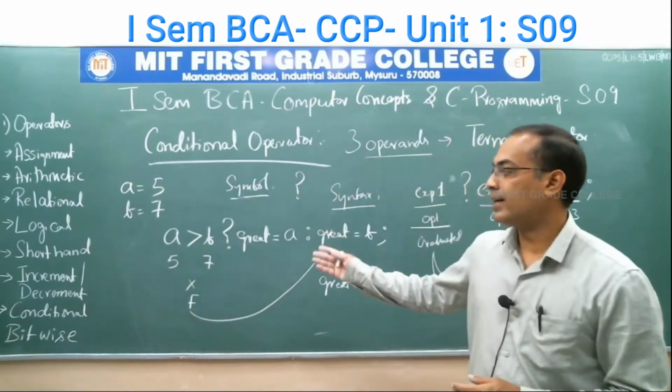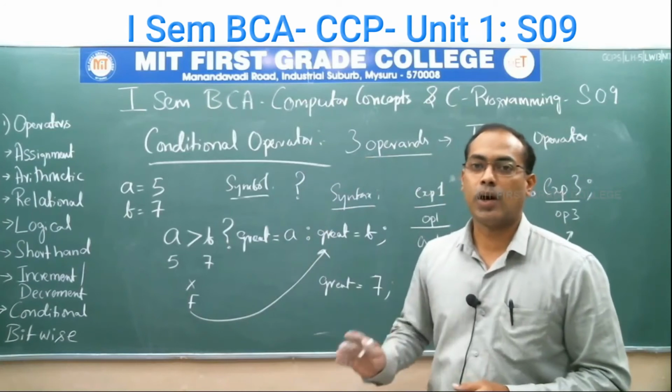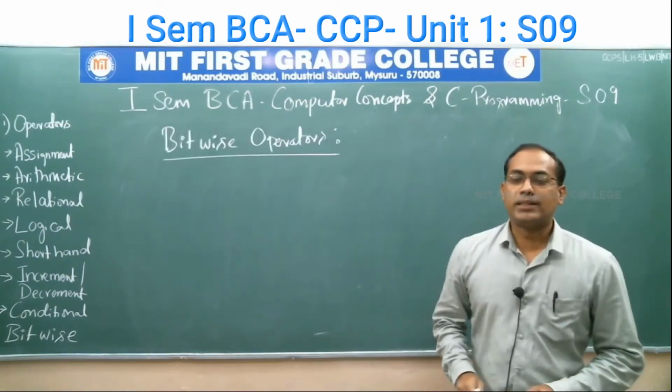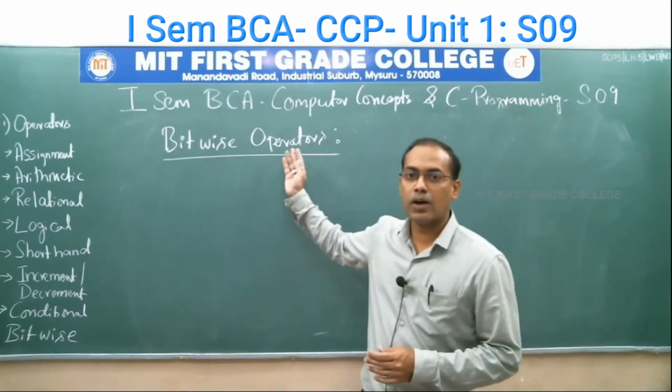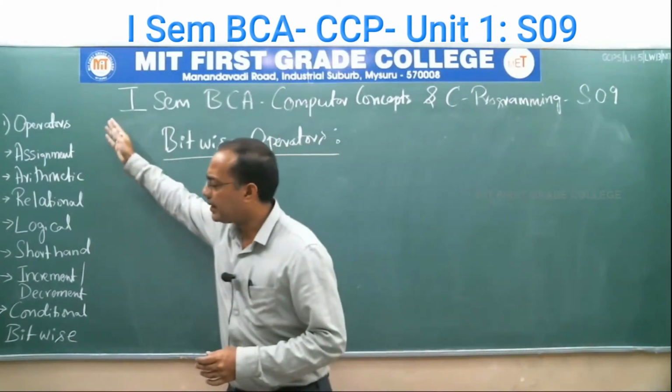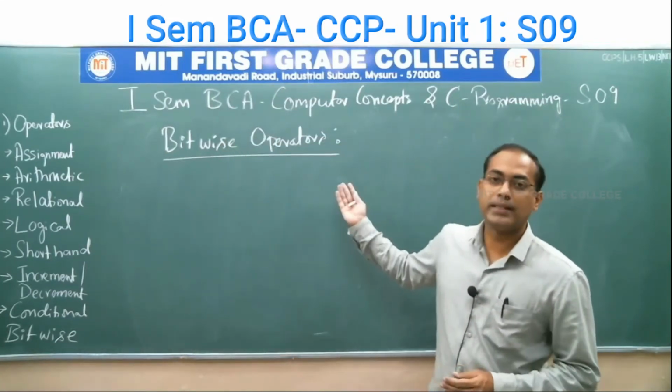Now we shall take the last set of operators, that is bitwise operators. So students, what do bitwise operators mean? These operators are entirely different from what we discussed earlier. How are they different?